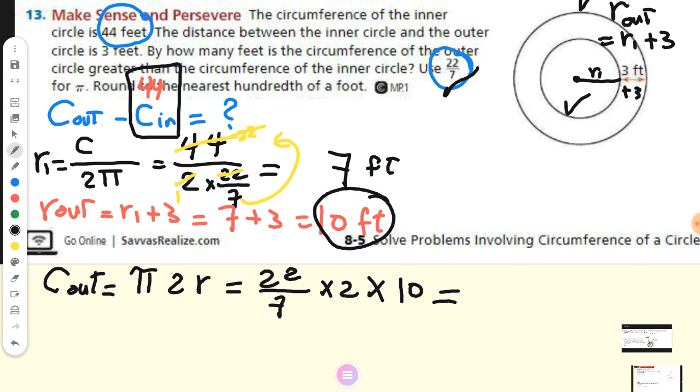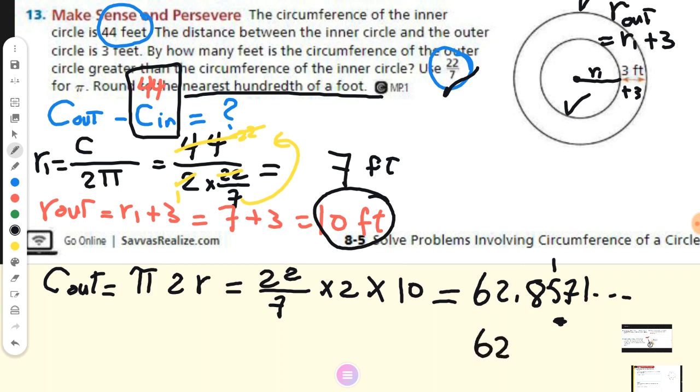So when we calculate it, it will be equal to 62.8571 and so on. But he asked me for the nearest hundredth. The hundredths digit is 5, and 7 is strong, so it will add 1 to the 5, so it will be 62.86 feet.